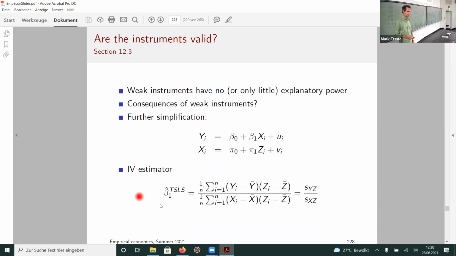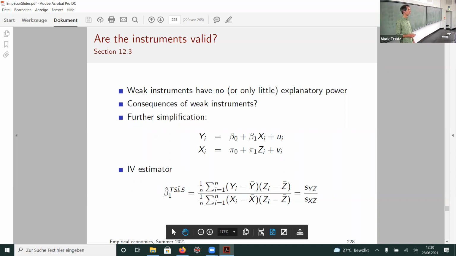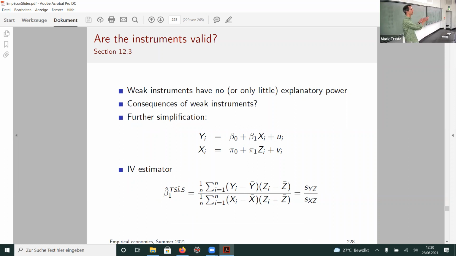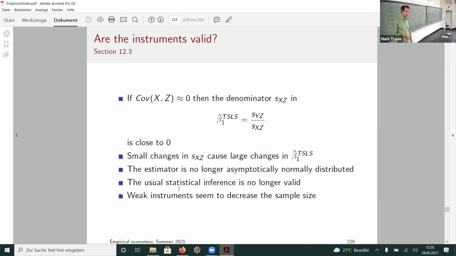And you will get a beta 1 hat value, an estimator for the slope coefficient you're really interested in, which will vary really widely from almost minus infinity to plus infinity. So anything could happen here. And the estimation is essentially worthless. Okay.